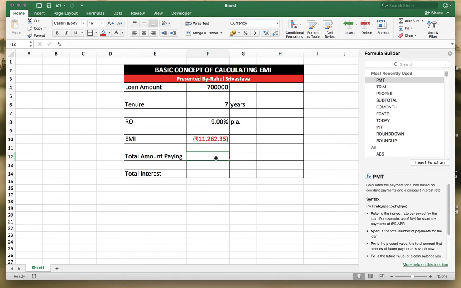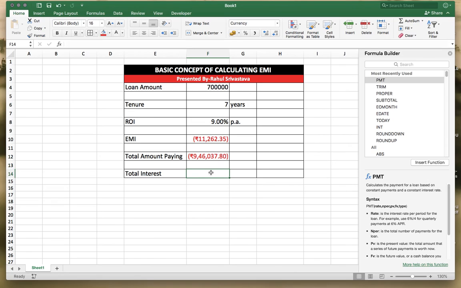As I already said earlier, we'll put an equals to sign before EMI into how many years? 7 years. So we'll be multiplying it by 7 years, and since in a year there are 12 months and he will be paying for 84 months, we'll be multiplying it by 12. So the total amount at the end of the loan he would be paying is 9,46,037 rupees 80 paise.